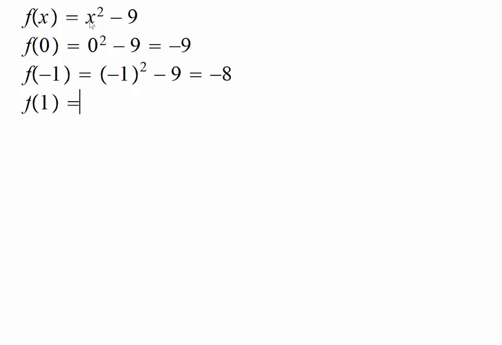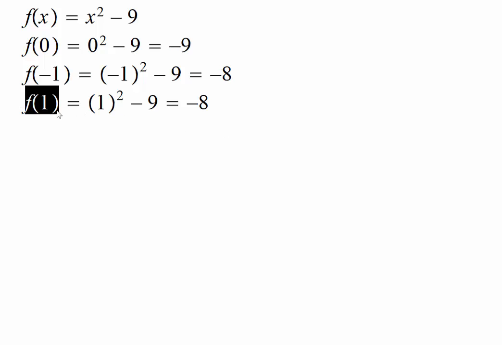What we are doing is giving x a value, and the value given to x is called an input, and then we use this rule to transform that input value. And you can see that it gives the value -8 again.